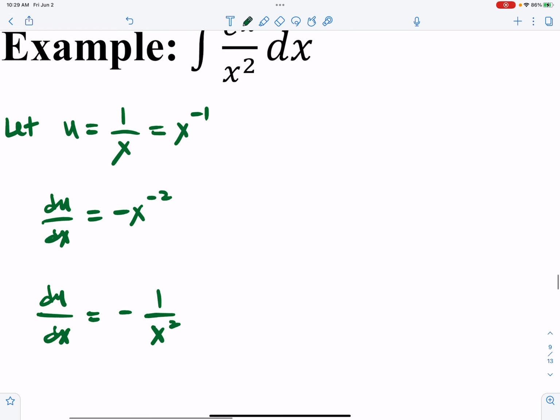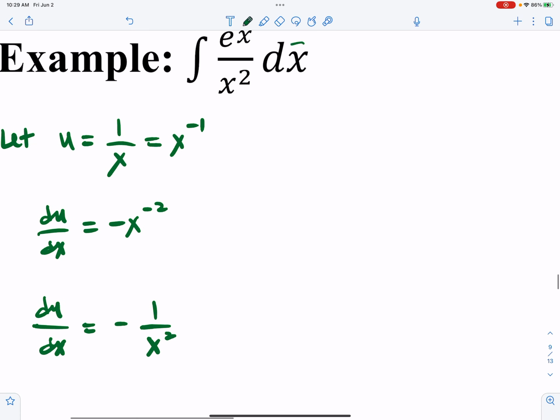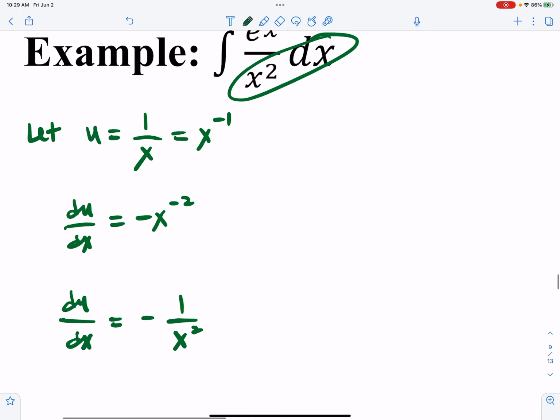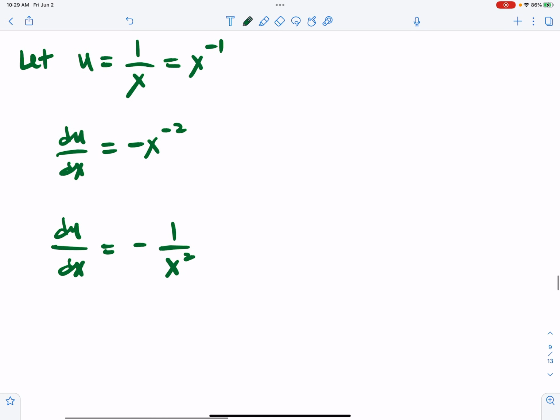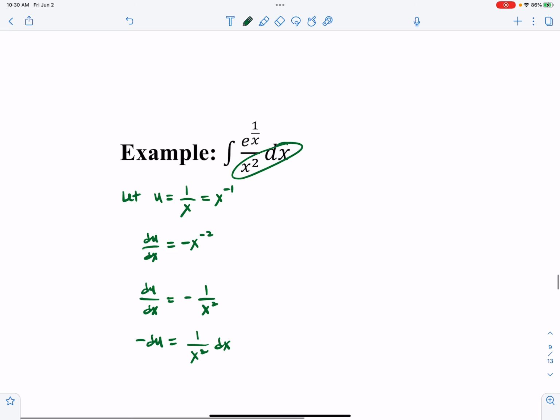And then, oh, this is helpful, right? Because we want to replace that x squared that's in the denominator and the dx. So negative du would be 1 over x squared dx. So this will be the integral.